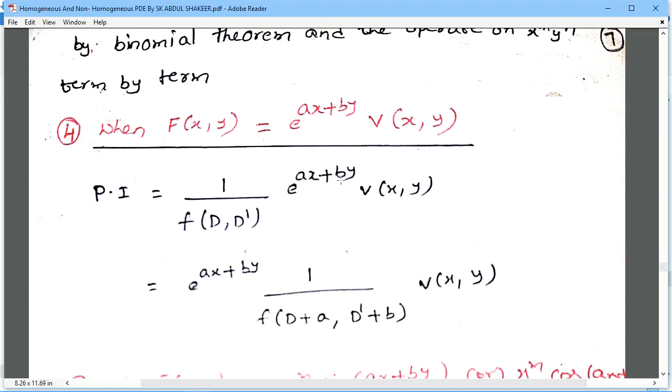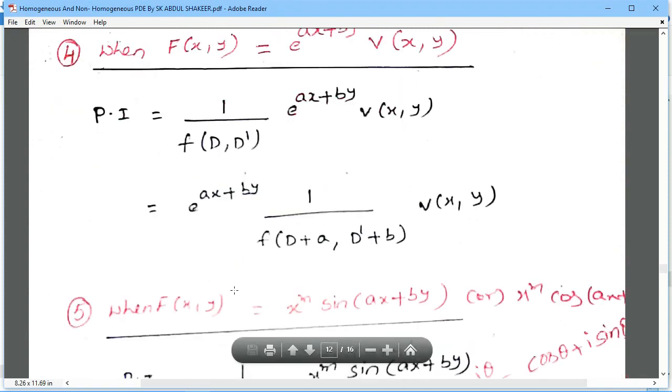In this case, we just have to take out the exponential function as common, and d is replaced with d plus a and d dash is replaced with d dash plus b. And then we operate 1 by f of d plus a comma d dash plus b with v of x comma y, the same as we proceeded in the second or third case. Thus case 4 reduces to either case 2 or case 3.